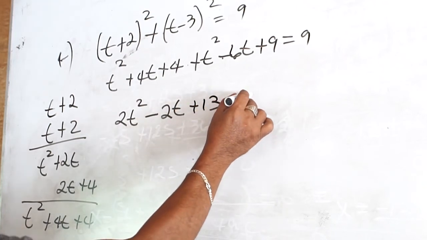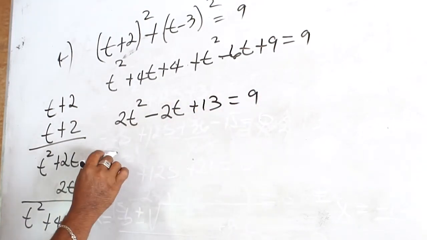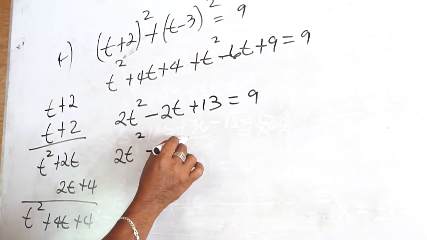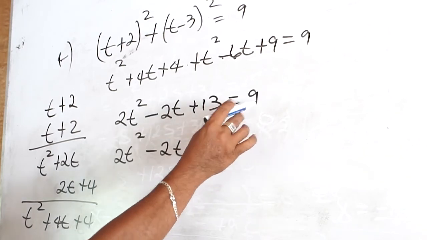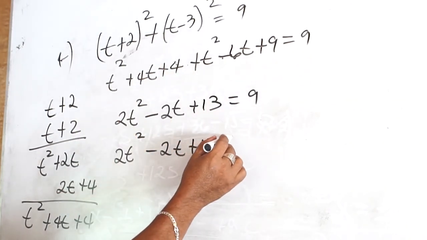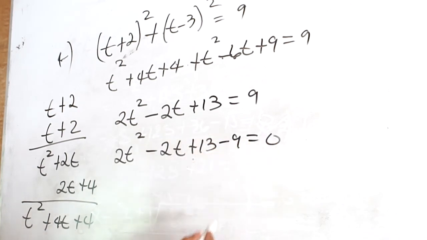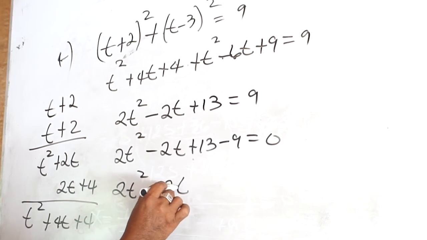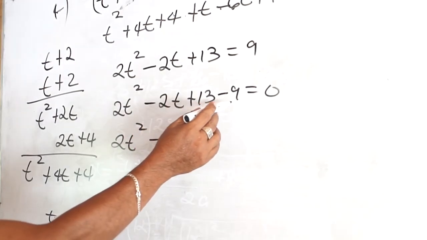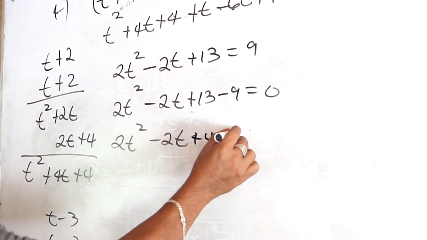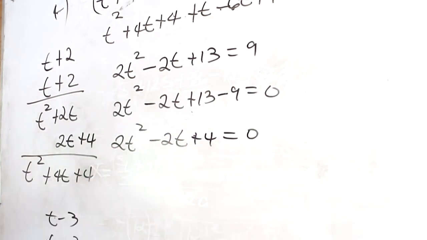Then equals 9. Okay, then we have 2t squared, negative 2t, then positive 13, positive 9, transpose to the left side, it becomes negative 9. Then equals 0. So we have 2t squared, negative 2t, positive 13 minus 9, the result is positive 4. Then equals 0. So this time, use the quadratic formula.